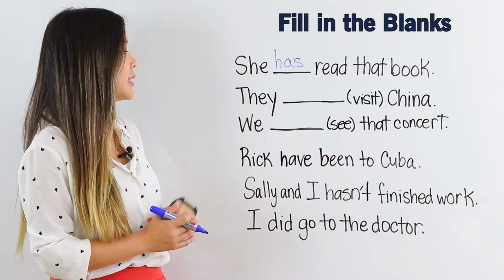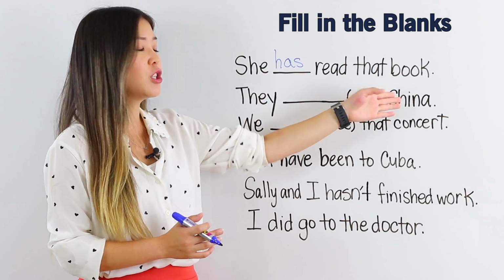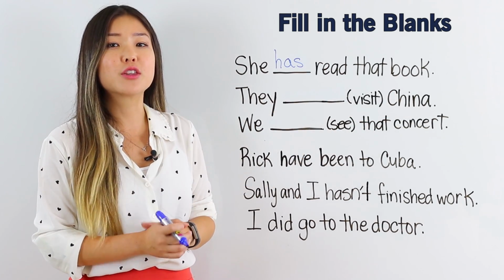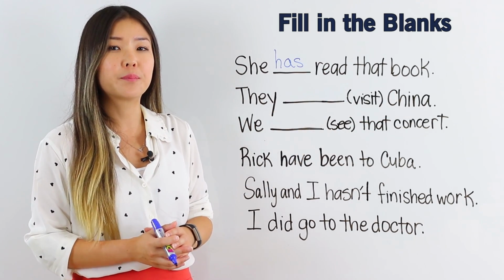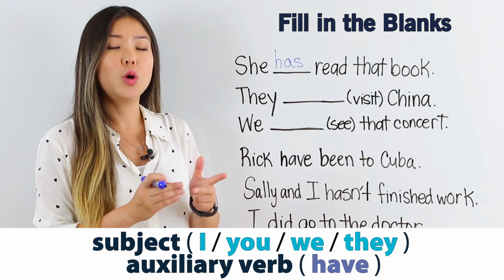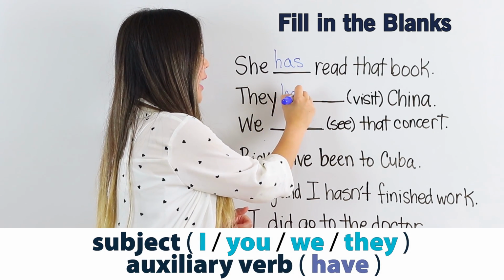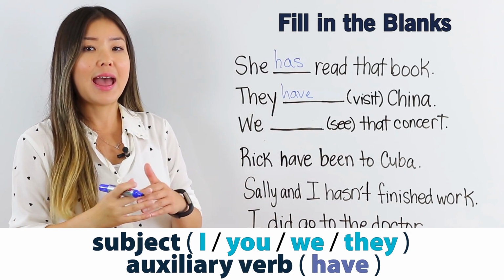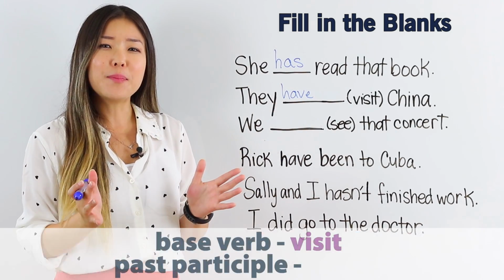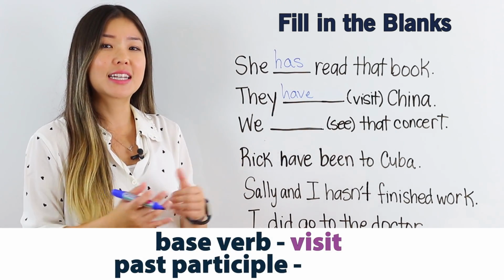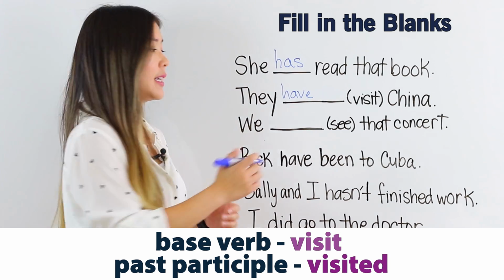The second sentence says, "They blank visit China." Visit is the verb that you want to use here. For I, you, we, and they, we use have, not has. They have. Now, what's the past participle of visit? The answer is visited.